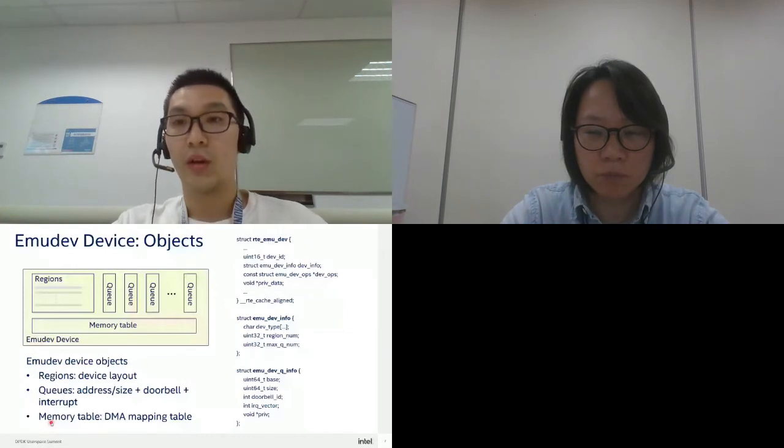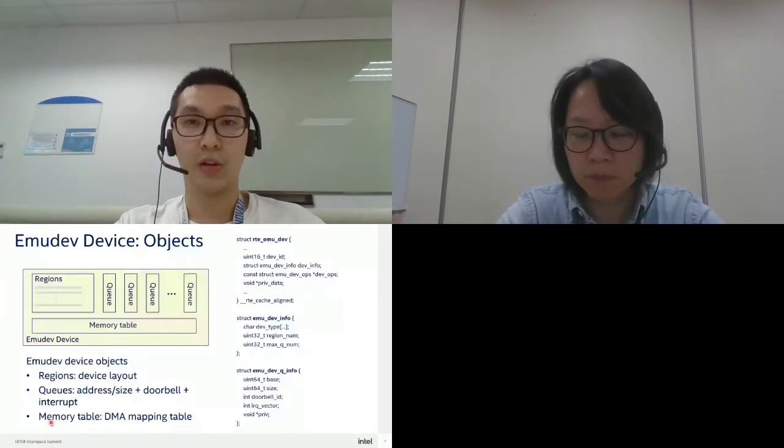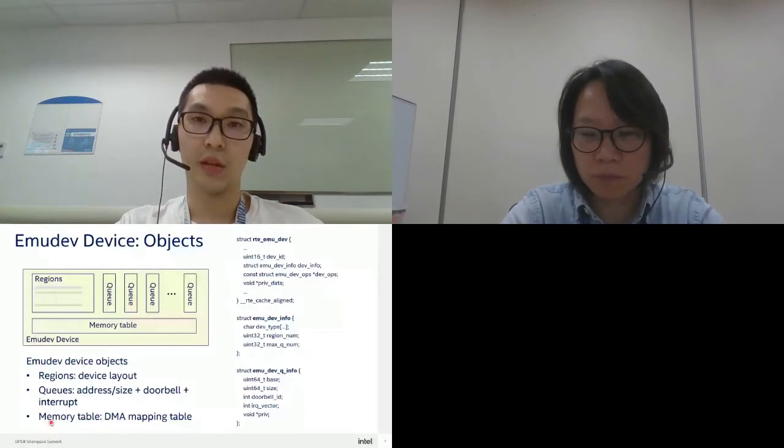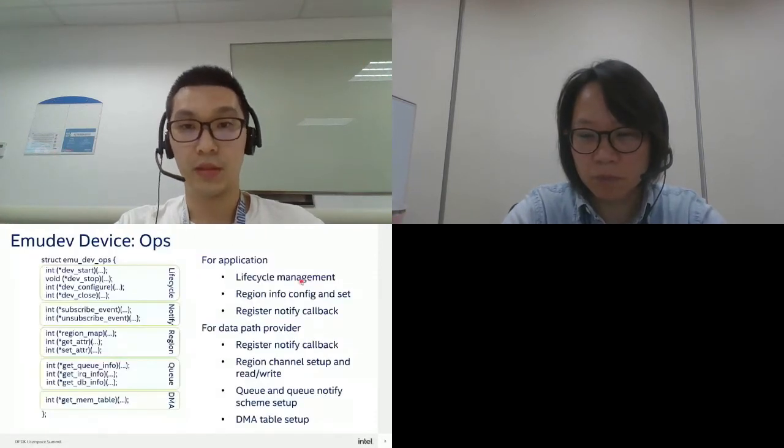Besides this, the EmuDev should have its own device ops for the application or data path provider to call. Now I will show you what the EmuDev device ops look like. Before introducing the specific ops, we should first have a sense that those ops have two types.